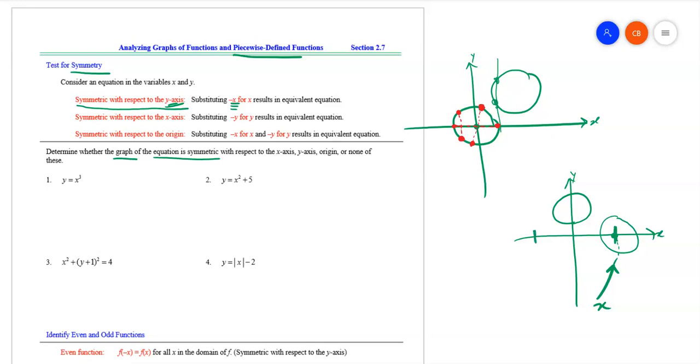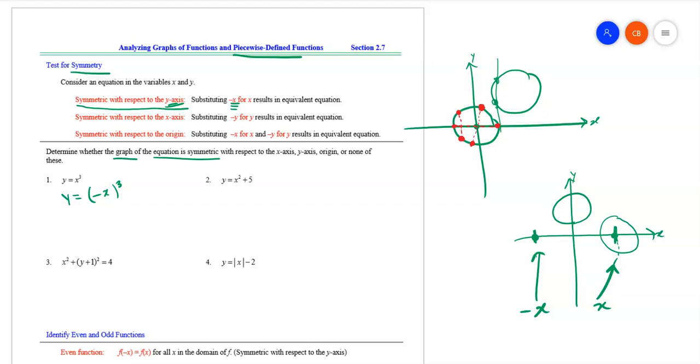Then if we come over to the other side, where it is negative x, if a graph is symmetric about the y-axis, we would expect the graph to have the same y value for x and for negative x whenever x is on the graph. So we could check that for number one. We're going to see what happens whenever we plug in y equals negative x cubed.